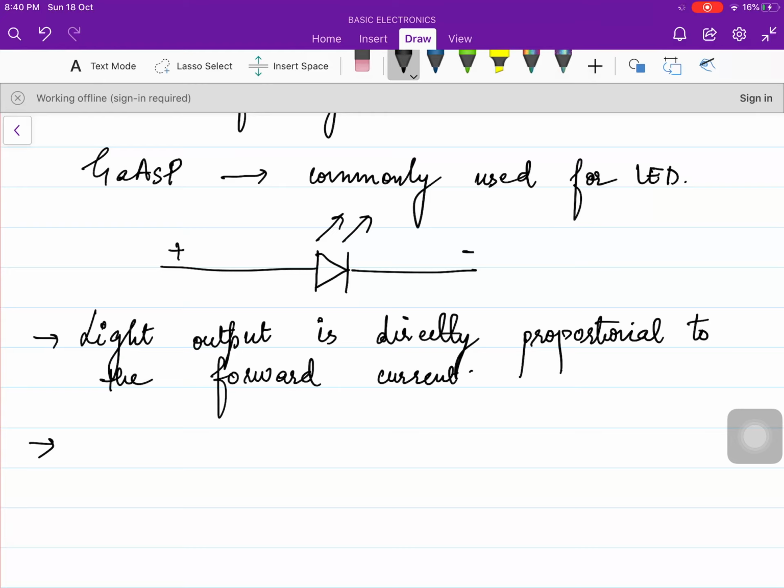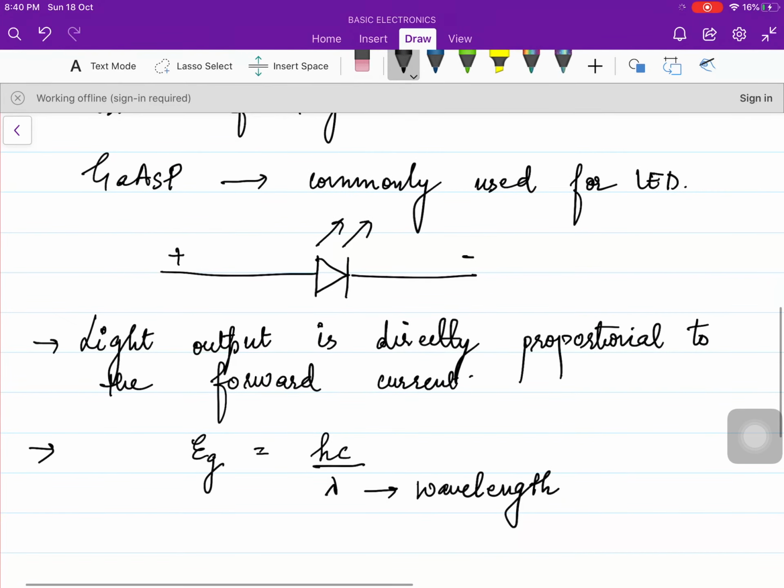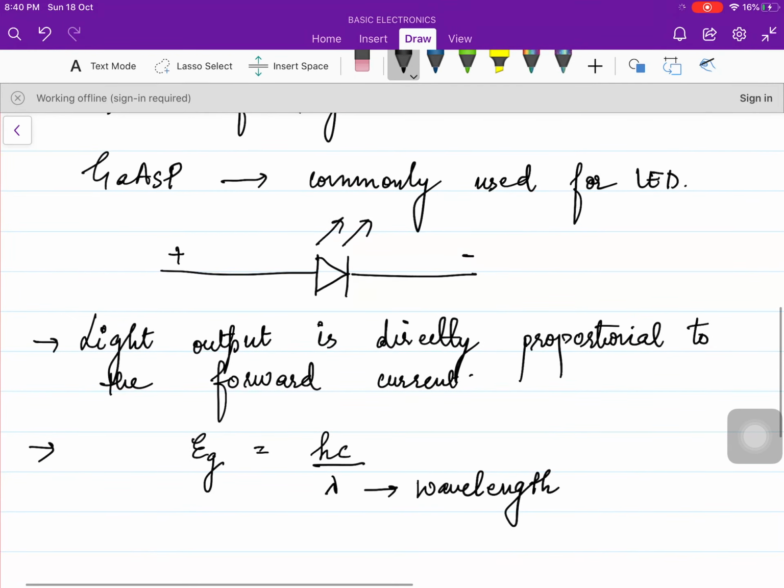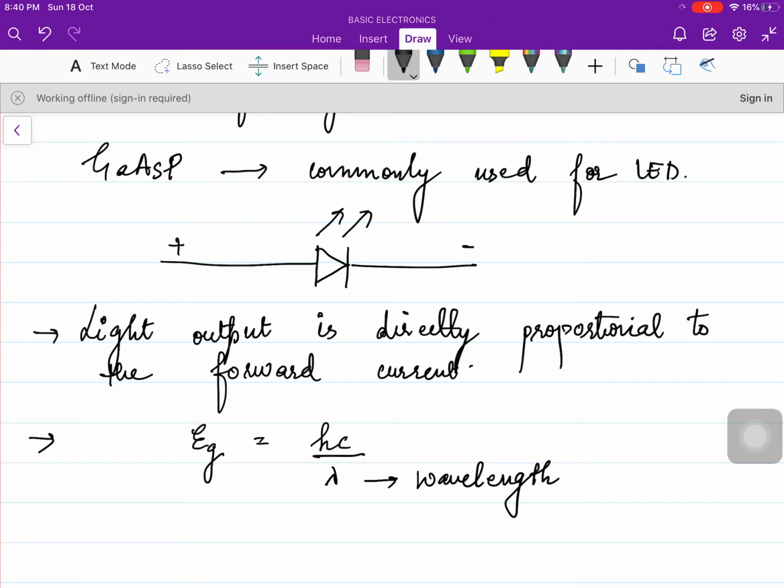That means, you all know that we represent the forbidden energy gap by Eg, and it equals hc by lambda. What is lambda over here? It is the wavelength of light. We all know that the forbidden energy gap is different for different materials, for different semiconductors. So it depends upon the semiconductor material that you have used for making the LED.